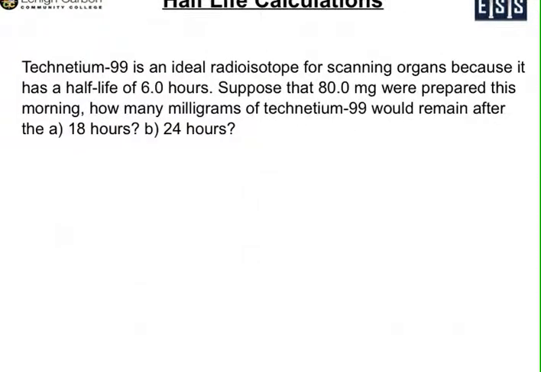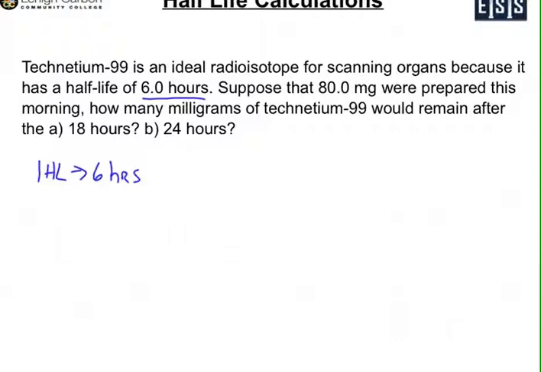In this case we're using technetium-99 as the radioactive material. It's an ideal radioisotope for scanning organs because it has a half-life of 6 hours. So one half-life takes 6 hours, and every 6 hours, half of your technetium-99 is gone.